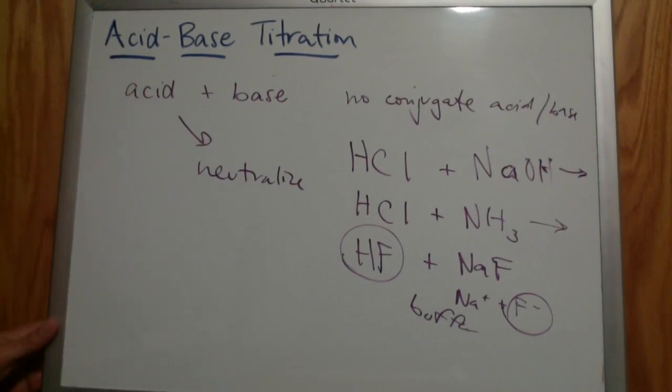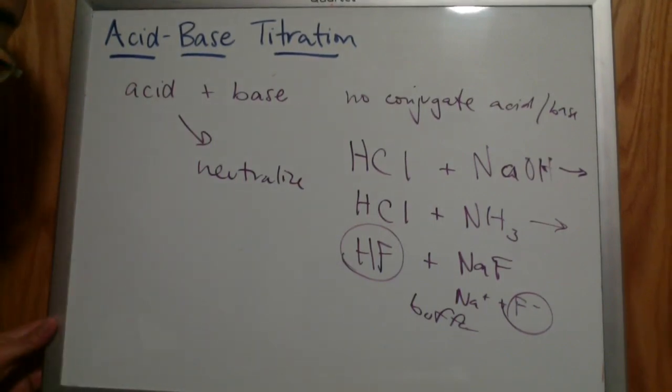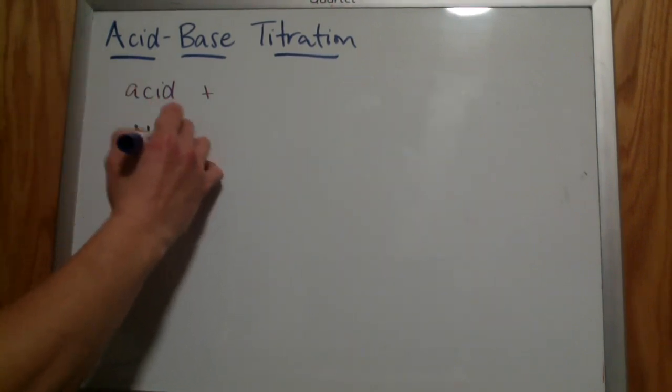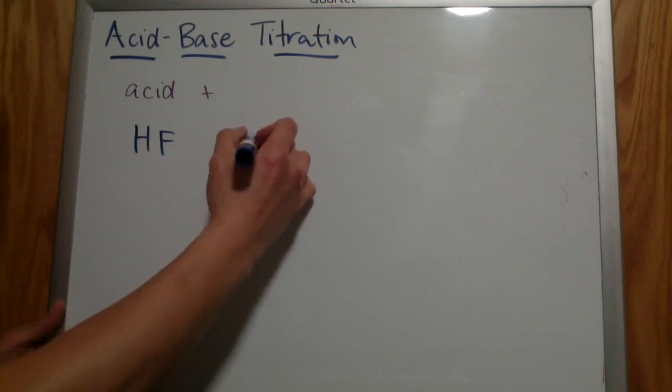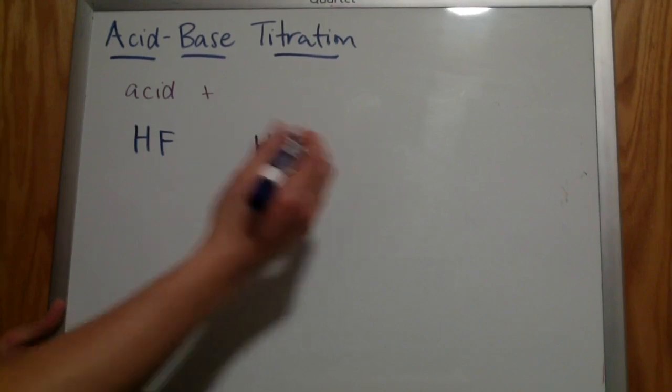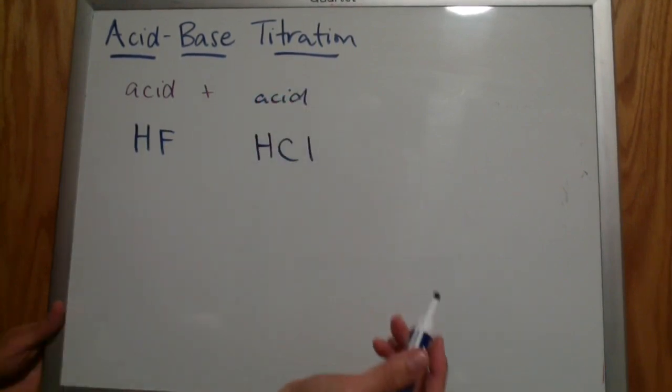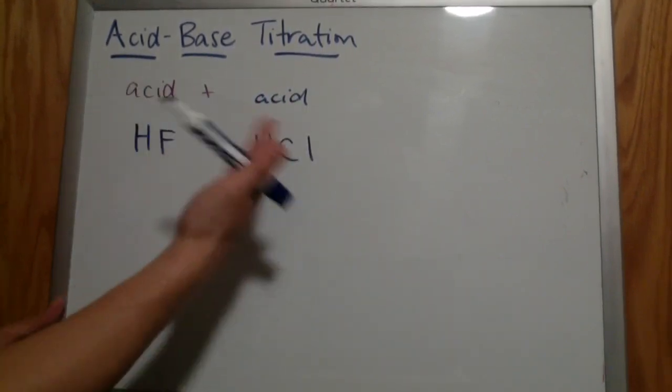Now, what if we had another setup where we had an acid, except we had something else? So if we had an acid like HF, and we had another acid, say, HCl, they would also not neutralize each other because they're both acids.